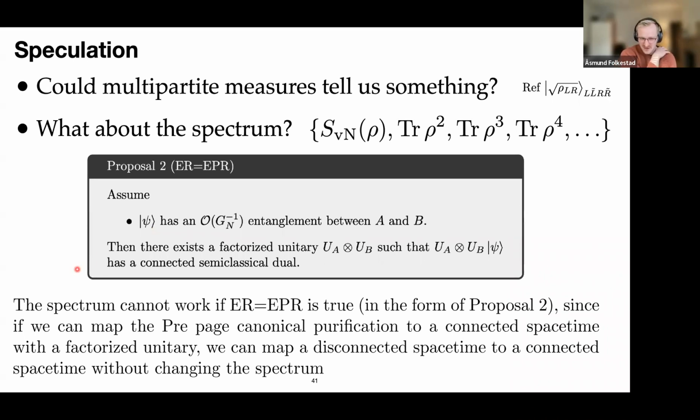The spectrum cannot work if ER equals CPR is true, since if we can map the pre-Page canonical purification to a connected spacetime with a factorized unitary, then we can map a disconnected spacetime to a connected spacetime without changing the spectrum, because these factorized unitaries will not change the spectrum. So if you believe proposal 2 is true, then this list of all the Rényis cannot tell whether we have connection or not.